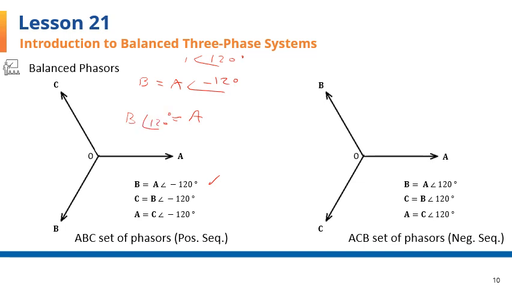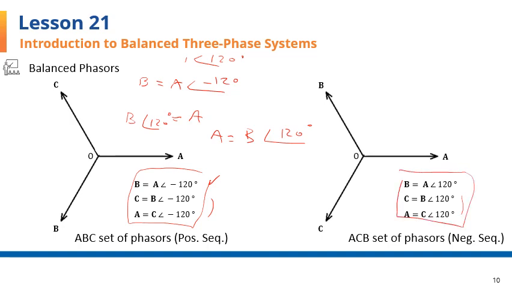And if I reverse this, I'll have A in terms of B: A equals B with 120 degrees positive. That can be done for any of these, but it's easier to remember just one set of three equations for each. And if we needed A in terms of B, or B in terms of C, or C in terms of A, we can always reverse the sign, and that will give us the answer.